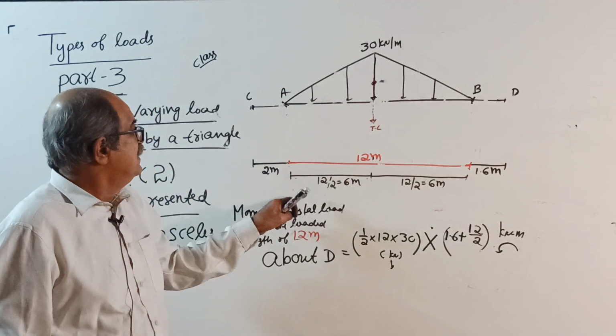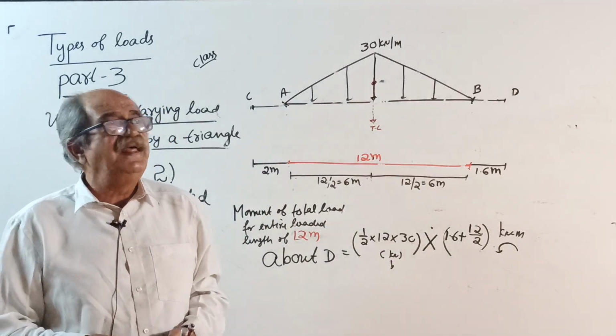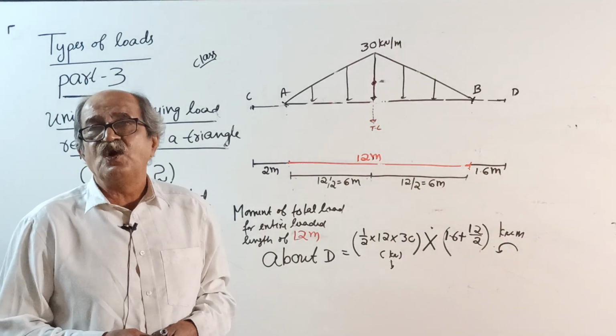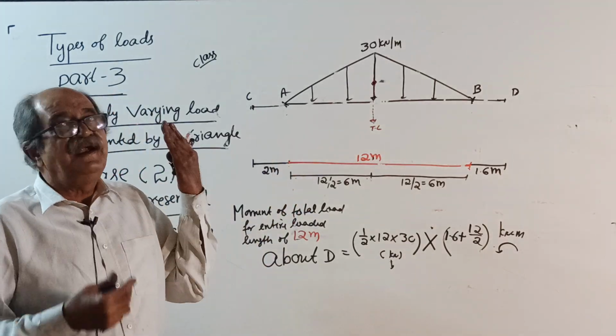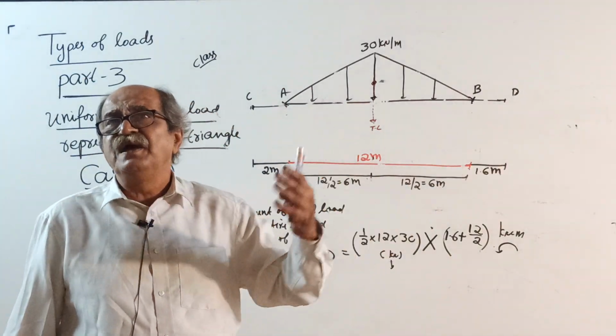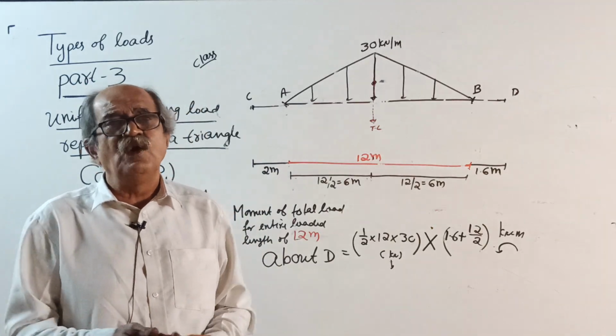Random, means what? Different distances here. Little important, or the concept will be there. That will take around 1 hour, I think, most probably. Because why? 2 cases I have to solve. One, when the left side is smaller, right side bigger. Next, when the right side is smaller, left side bigger. 2 bookworks and 2 numericals. So I think around 1 hour.